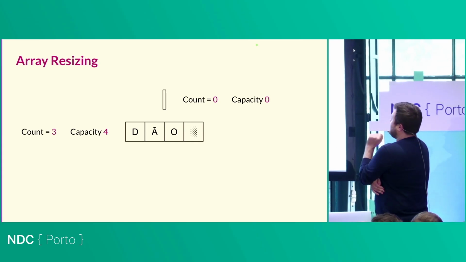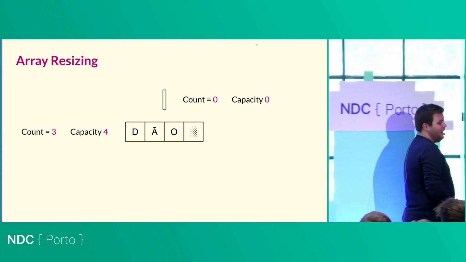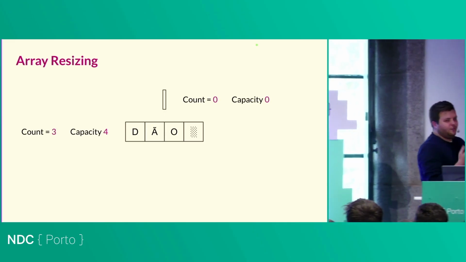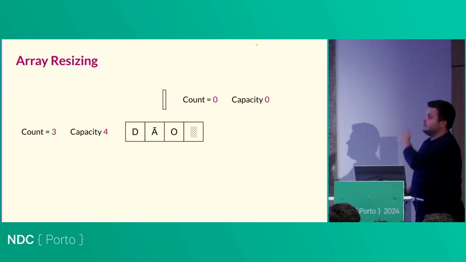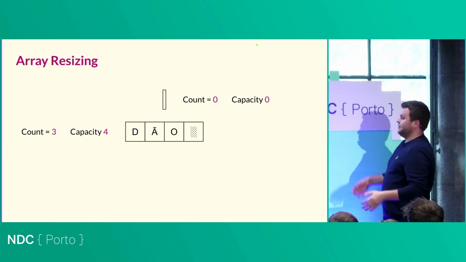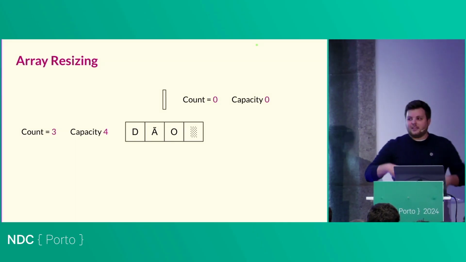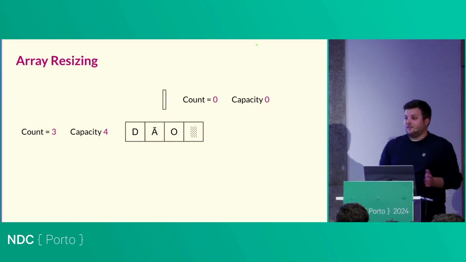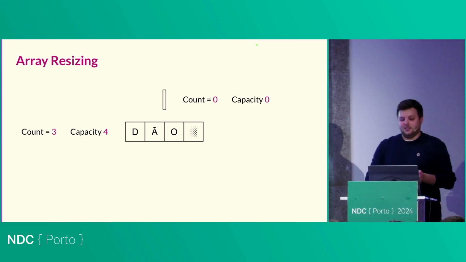So at this point, my array has a count of 3 items, 3 letters for Dao, but it has a capacity of 4. We have this extra item on the end here. And this is because the arrays are effectively allocated in quads, in 4s. And so as soon as we then add a 4th letter, that's filled up the array. If we want to add a 5th letter, it needs to add another 4, or effectively double in size.